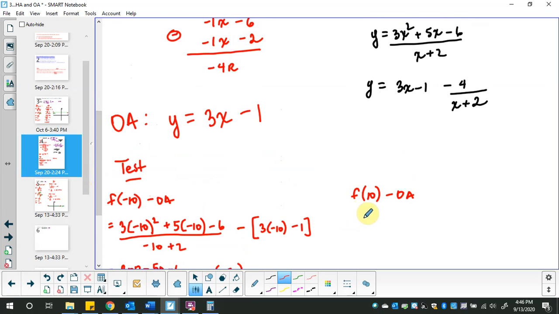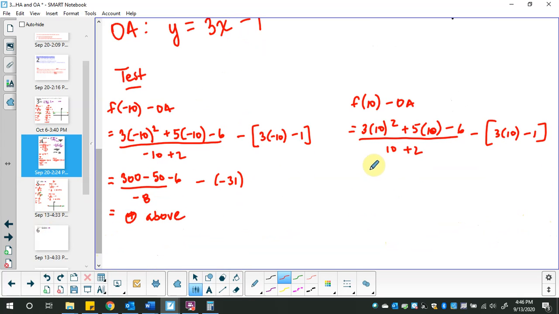So now, 10. Little mental math again. 300 plus 50 minus 6 all over 12 minus 30 minus 1, which is straight up 29.